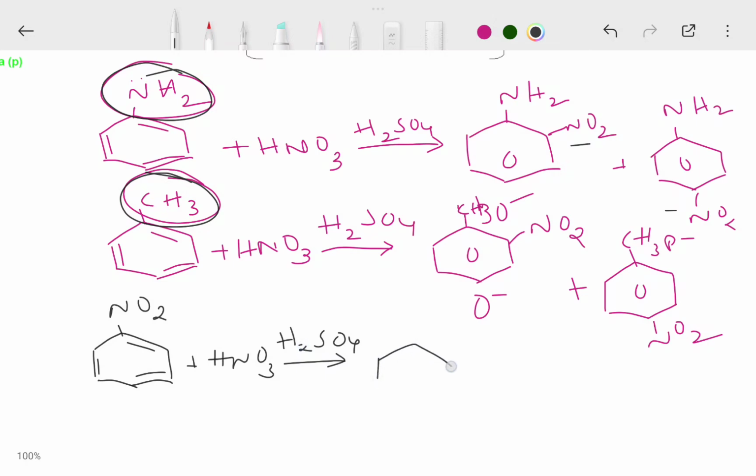But here you will get NO2 and NO2, only the meta position, meta-dinitrobenzene. Because this NO2 group is an electron withdrawing group. This electron withdrawing group decreases the electron density at ortho and para positions. That's why the second electrophile enters at the meta position.